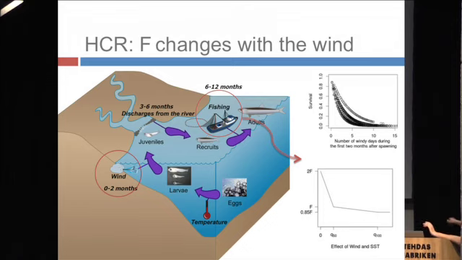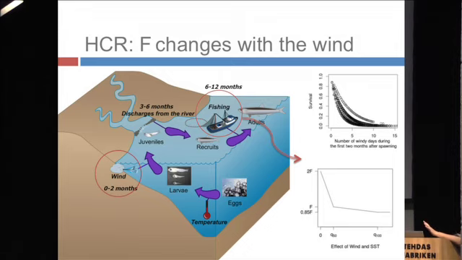If the wind during the first 2 months is unfavorable, 4 months later fishing pressure is going to be reduced. But if wind is favorable, 4 months later fishing pressure is going to be increased.